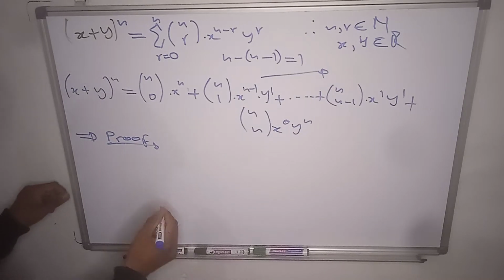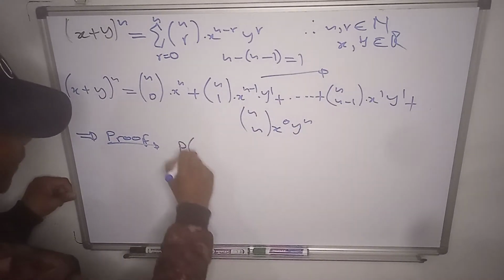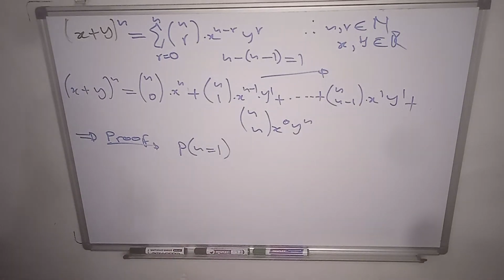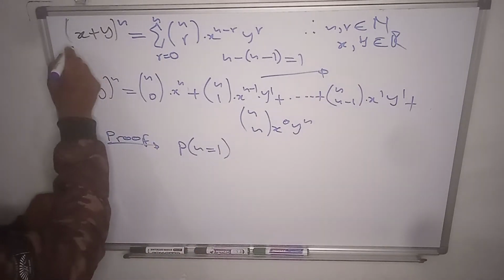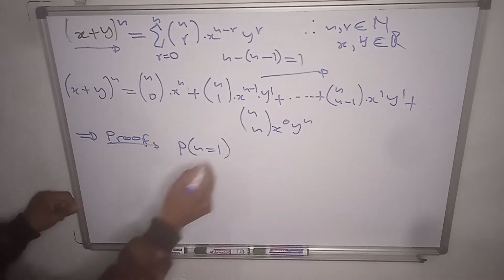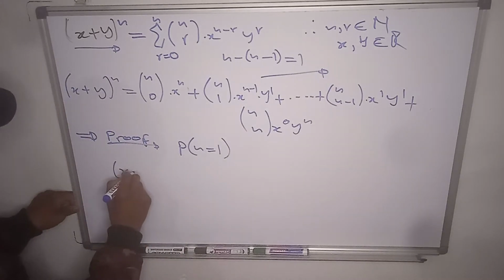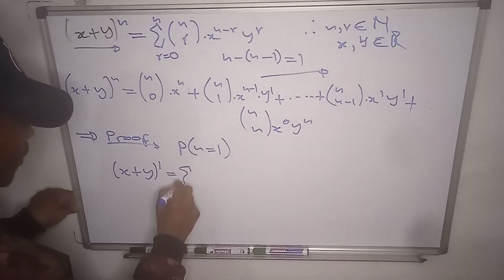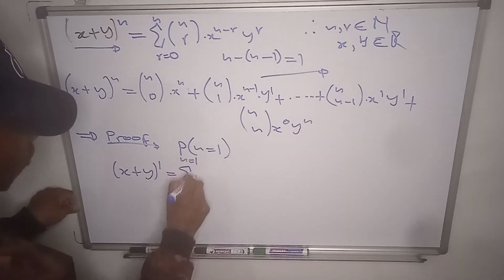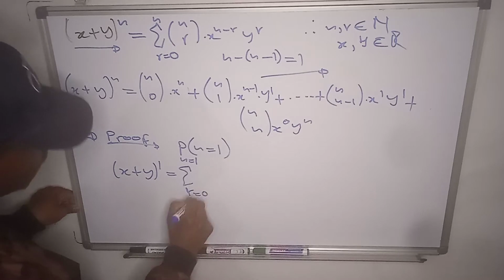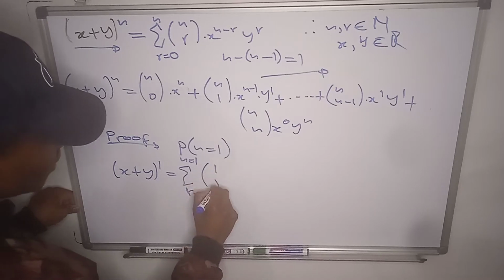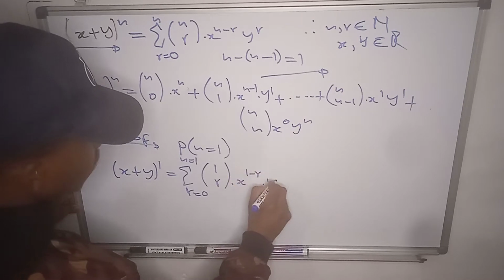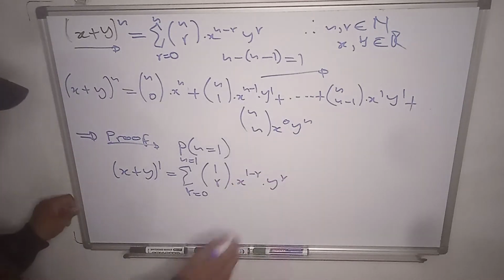So we can say that P(n) holds for n = 1. We can just assume that P(1) is true, and then we are going to use this part to check if it's true. So it will be (x + y) to the power 1, and this will be the summation from r = 0 to 1 of 1 combination r times x^(1−r) times y^r.